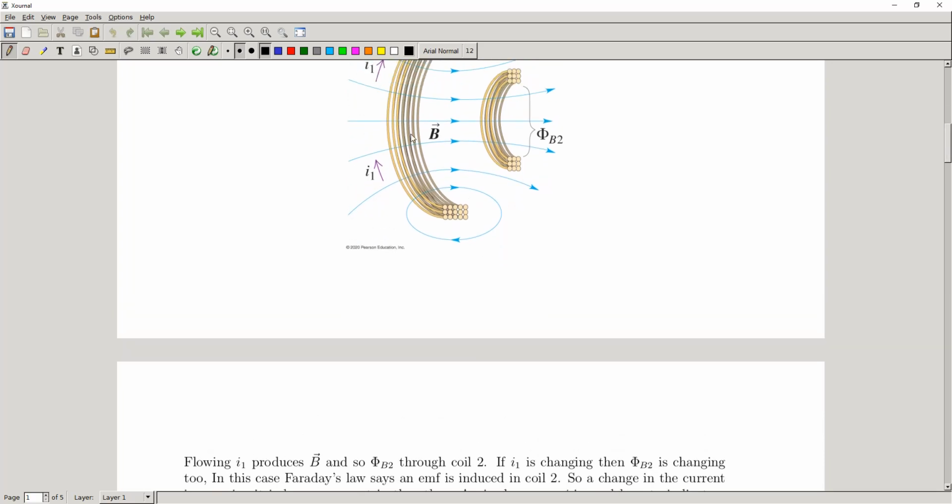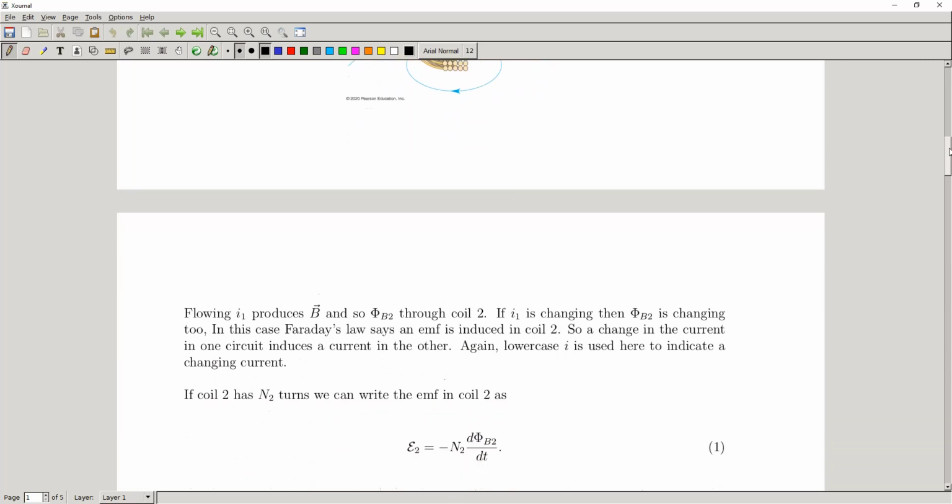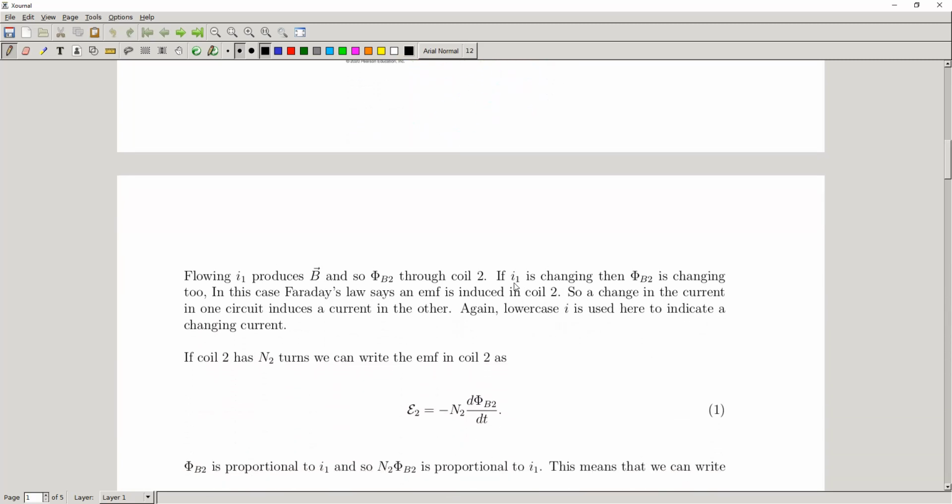This is producing what I've said was B, right? And so we've labeled the flux going through our coil 2 here as the magnetic flux Φ2. Okay. And so if we have i1 changing, let's remember we're labeling these i's with lowercase because they're quantities which we expect to be changing in time.